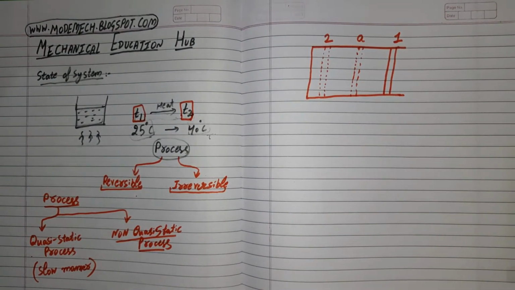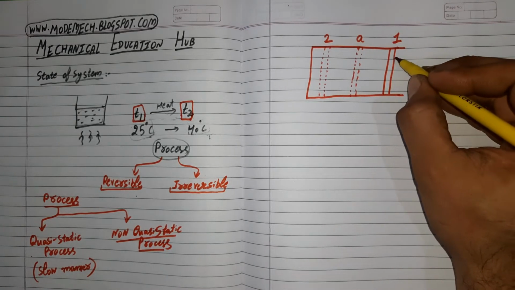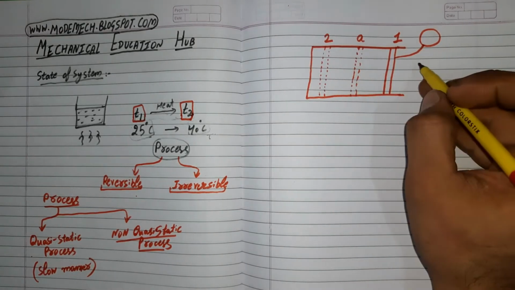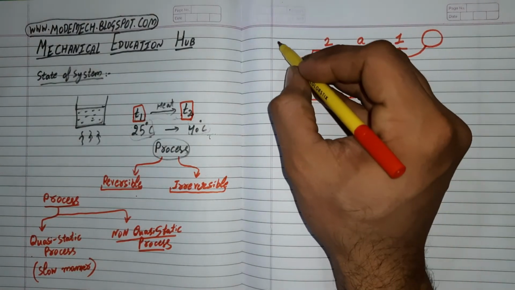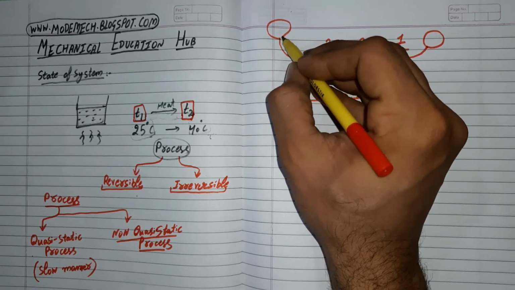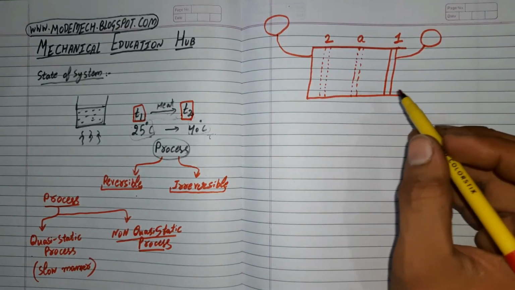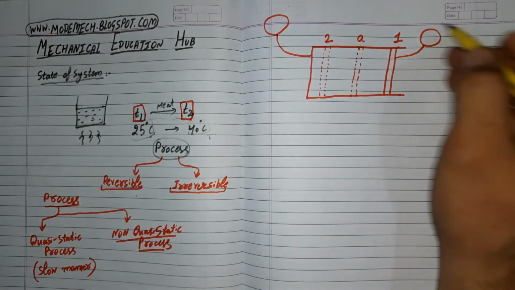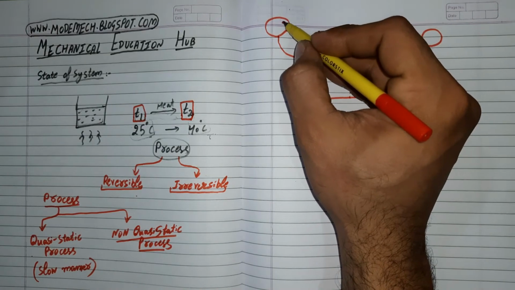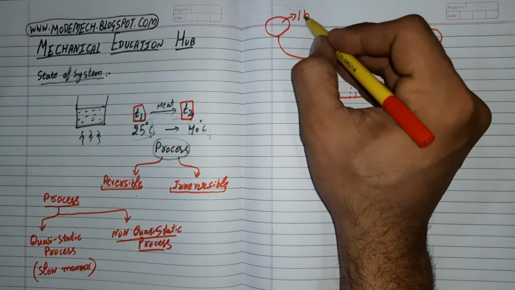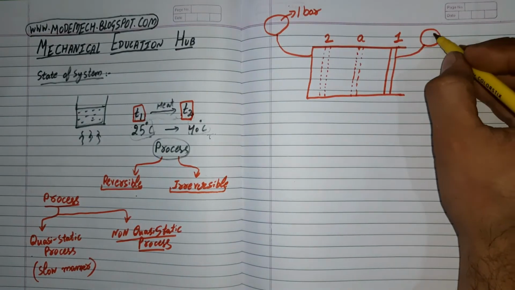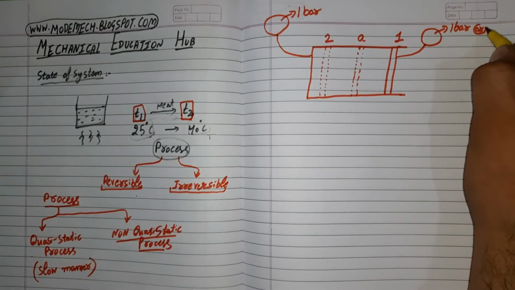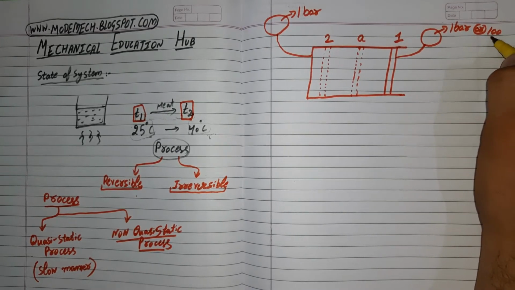Now on this piston, we will attach a pressure measuring device, one on the piston and one on the cylinder head. At equilibrium condition, both pressure measuring devices will show a pressure of 1 bar, atmospheric pressure, or 100 kilopascals.